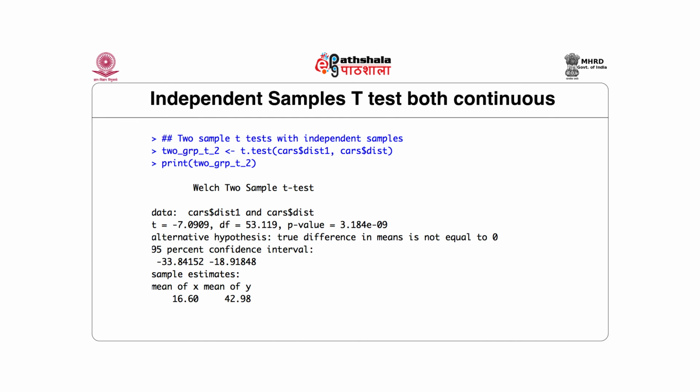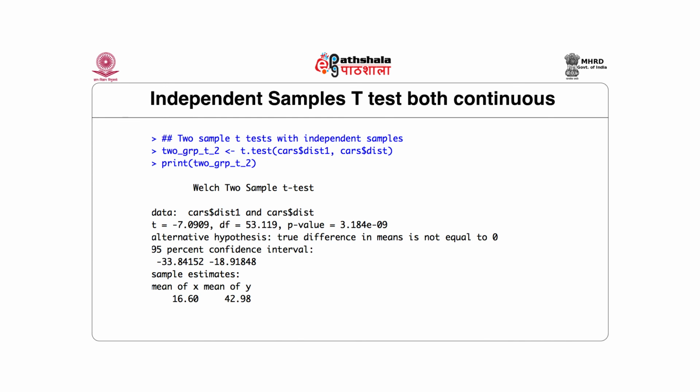The difference is almost like 36 miles or 36 kilometers, or minus 36 in this case, and the 95% confidence interval is going to range between minus 33.8 to minus 18.9.